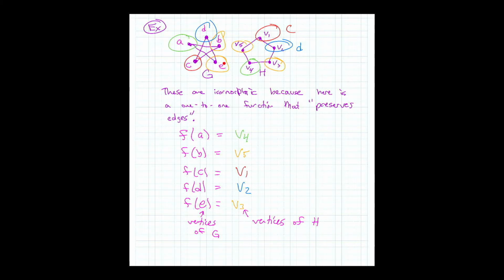So C, D, E, V1, V2, V3. This must be E. So E should be V3. Is it? E is V3. We already picked that. Okay.